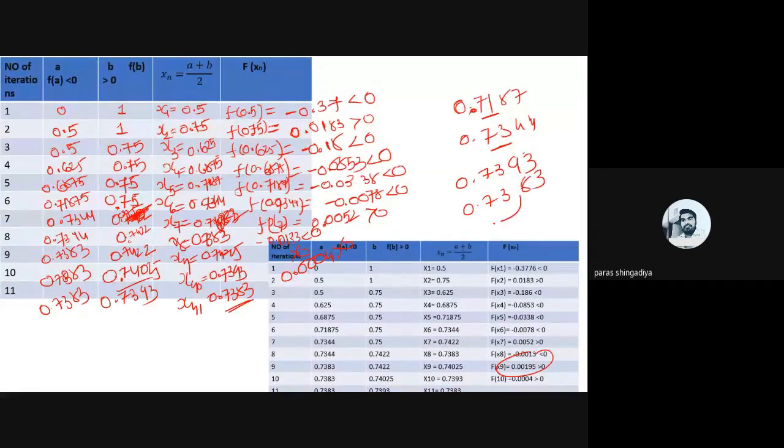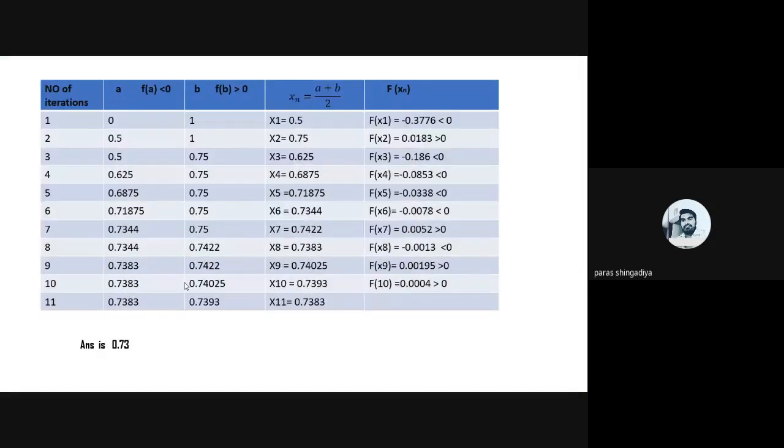Check this: it is correct up to 2 decimal places, as after the decimal the first two digits are the same here. So it is repeated now. Up to this stage we solve the iteration, and at that stage we stop our procedure and consider the answer as 0.73. This is our answer for this data.